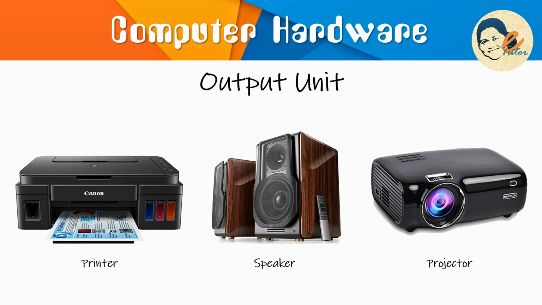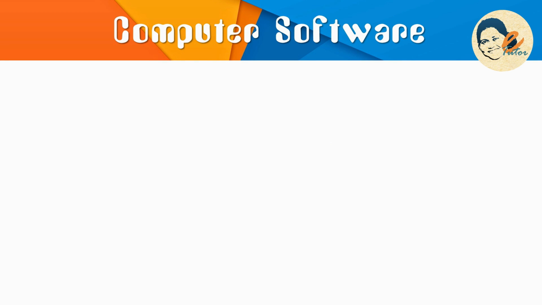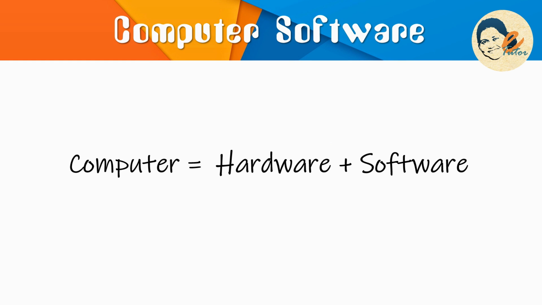Now let's discuss the computer software. The computer is a combination of hardware and software. Computer hardware and software are complementary and cannot act independently of one another. To run a computer, hardware and software must work together.